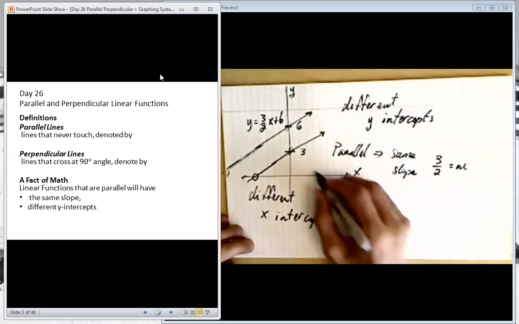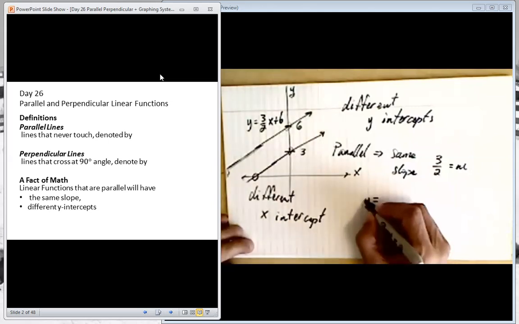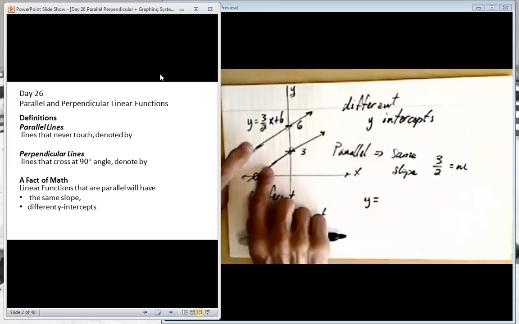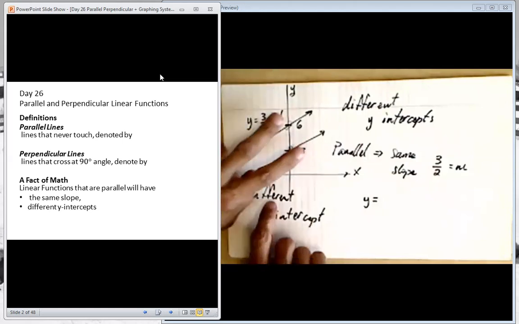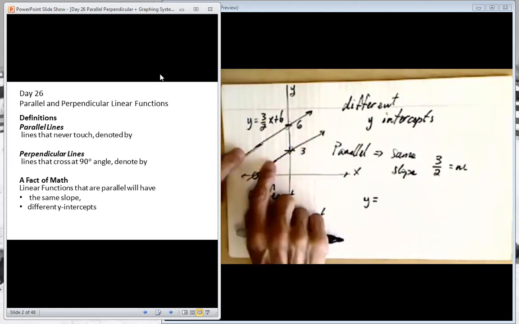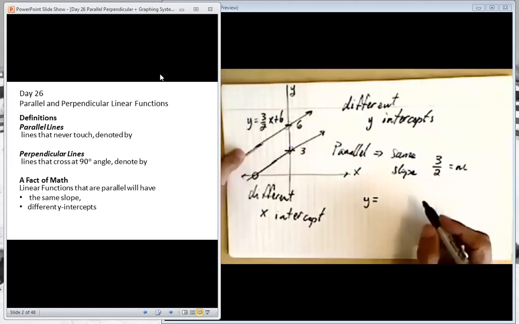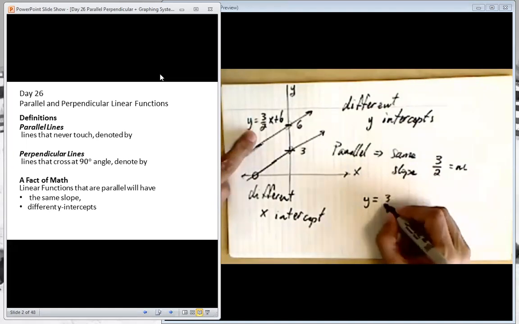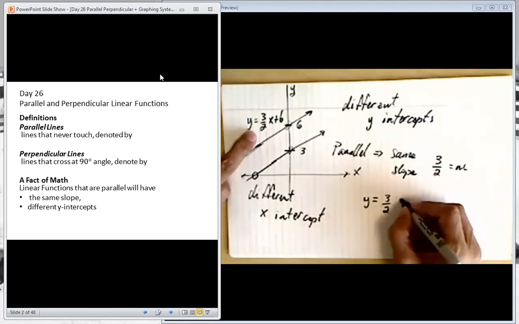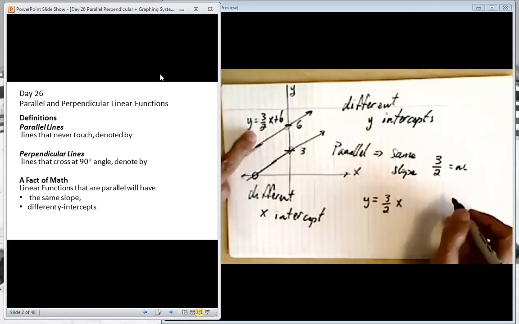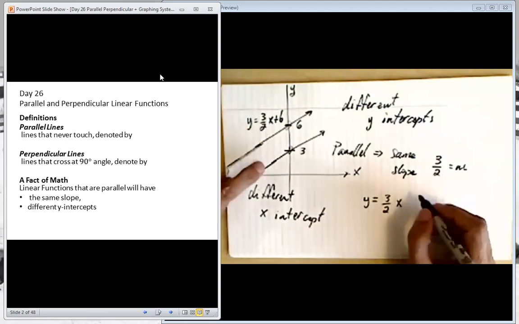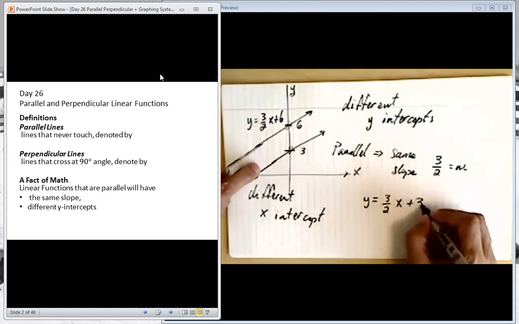Equation for the other one, y is equal to the same slope, right? They're going up at the same angle there. So what's the slope going to be? 3/2, because that's the same. X for sure. Yeah, plus 3, because it has a different y-intercept there, right?